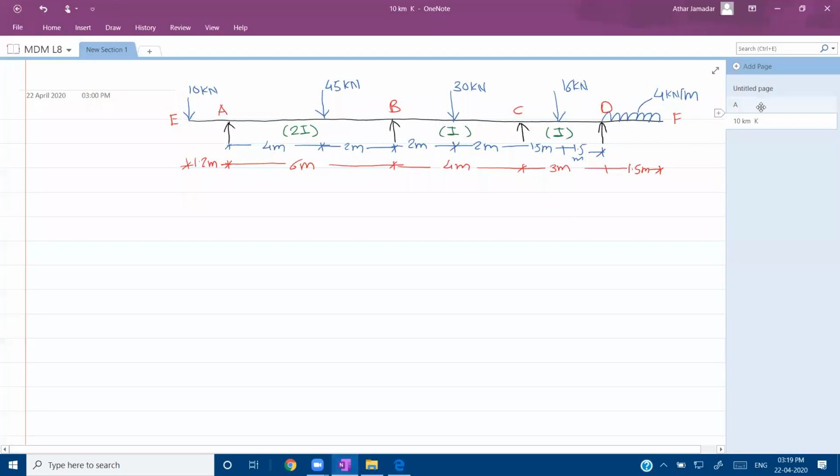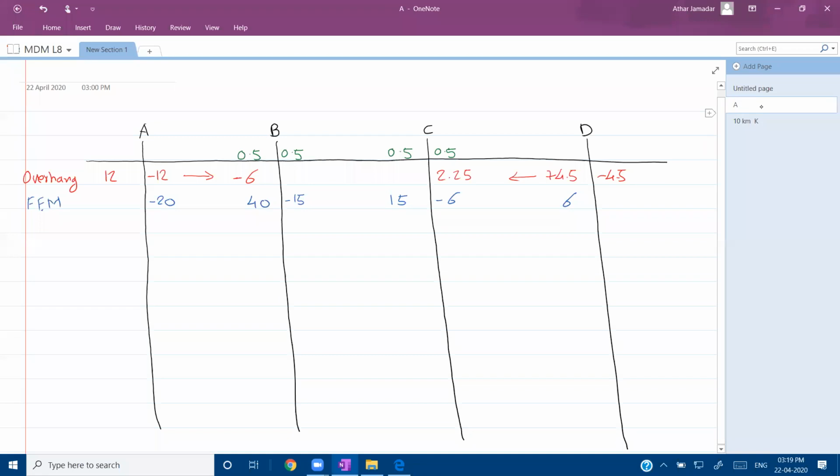Moment of minus 20 is acting at support A. So how to apply end correction? We have to add plus 20 moment, and half of this should be carried over. Similarly at support D, minus 6 moment, and half of that should be carried over. So it is minus 3. So this is the step of end correction.